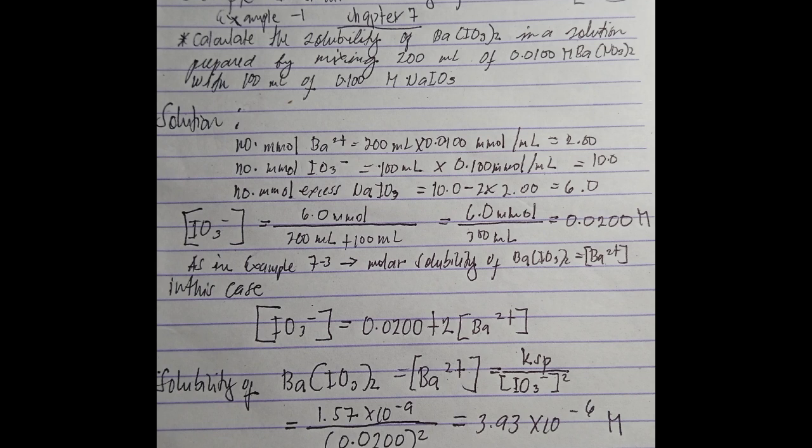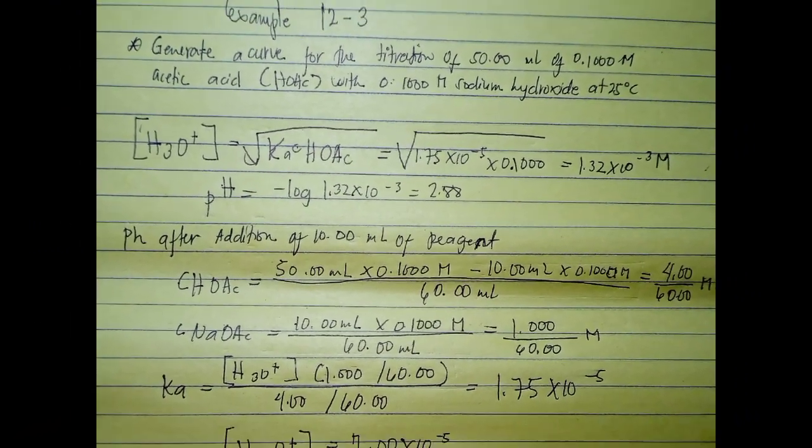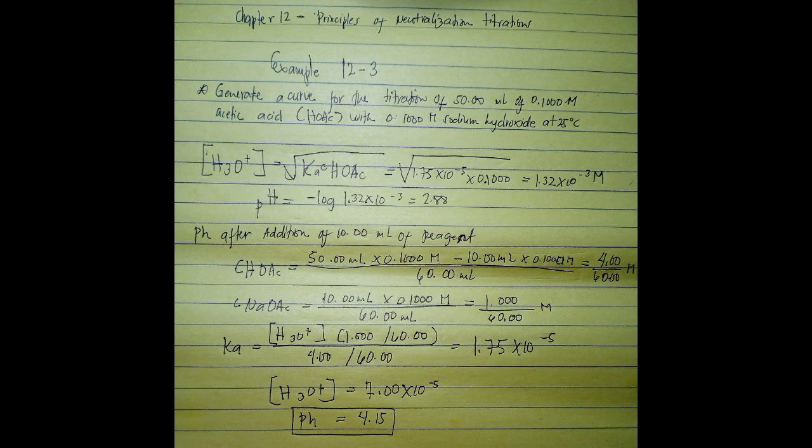So the result is 3.93 times 10 raised to negative 6 mole. Since the provisional answer is nearly 4 orders of magnitude less than 0.0200 mole, our approximation is justified.